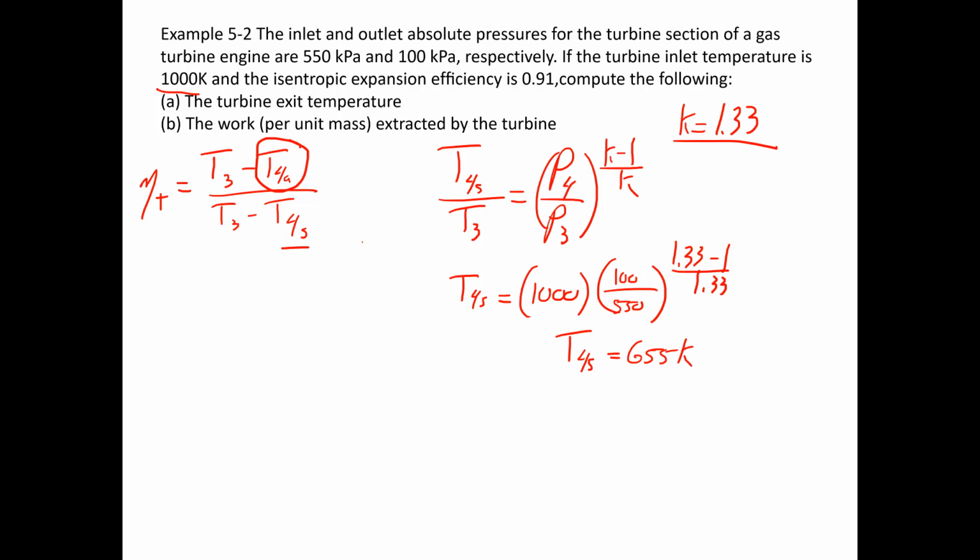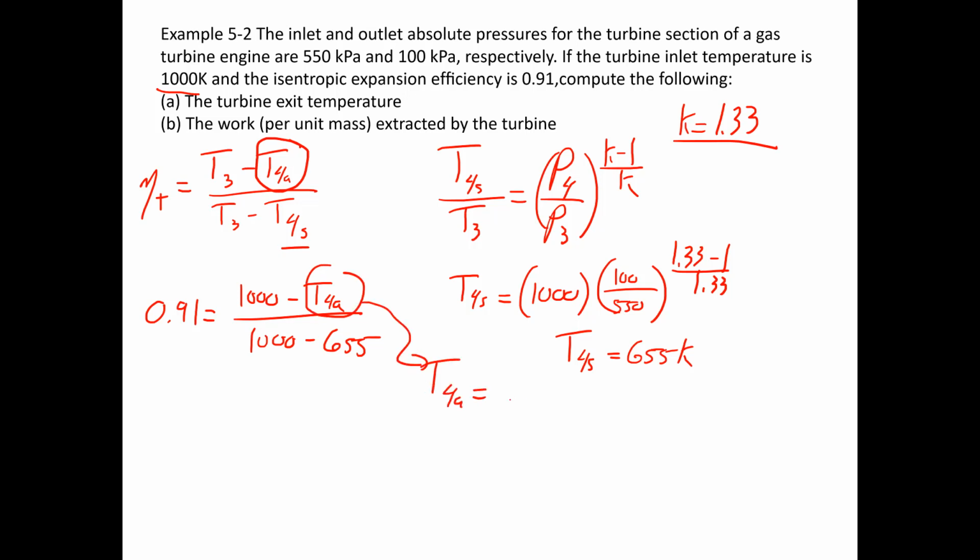If we plug that into our efficiency equation, the efficiency of 91% equals the temperature into the turbine minus the actual temperature out of the turbine, divided by the temperature into the turbine minus the isentropic temperature out of the turbine. Doing this math, you should find that the actual temperature coming out of the turbine is 686 Kelvin.